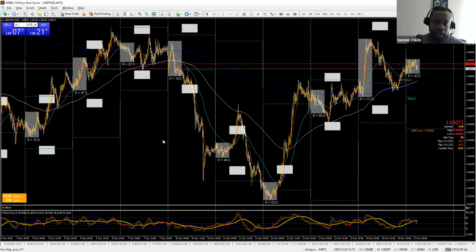It's said that life happens in threes, right? Usually if one thing happens in life, it's going to happen two more times around the same season. And the market makers know this. They know that's a psychological thing. And so they move the market in threes too. They move the market in three levels.